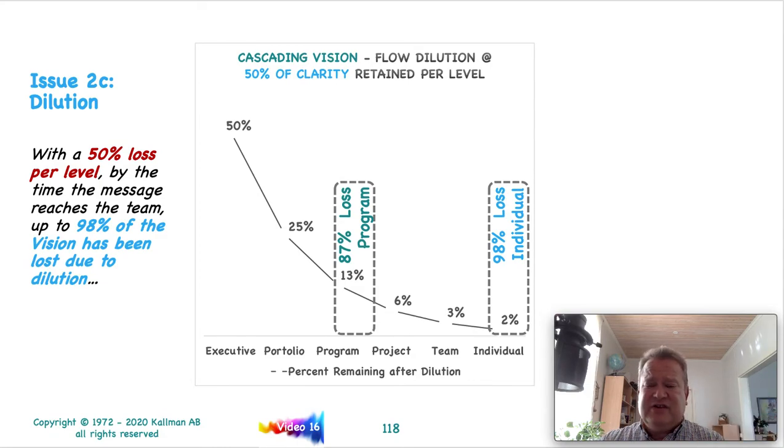He was knocked out of the chair because it was the first time he heard it, in a retrospective 10 months into the program. And so the executive was looking at his top guys going, why am I hearing about this now? Well, it's because they had filtered it and blocked it because they had other agendas that they were running. There wasn't a clear, transparent flow of information going both directions.